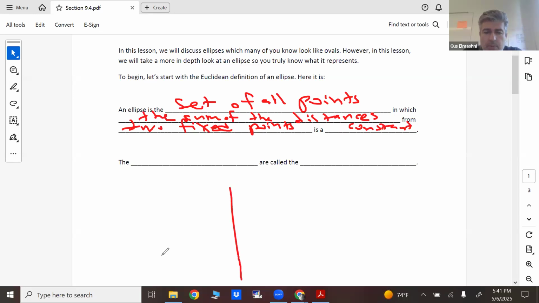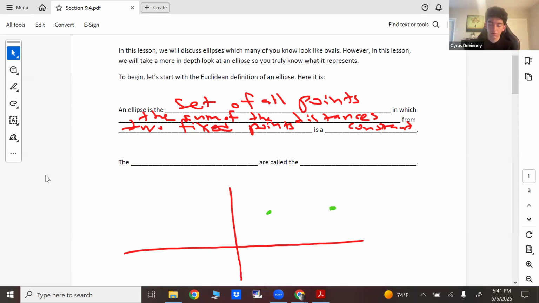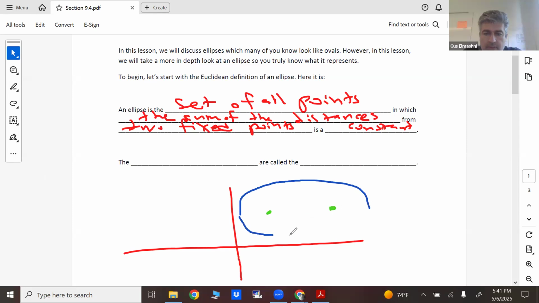So say I do my coordinate plane here, and let's say I have two fixed points. I'll kind of draw an oval around this. That's the center.